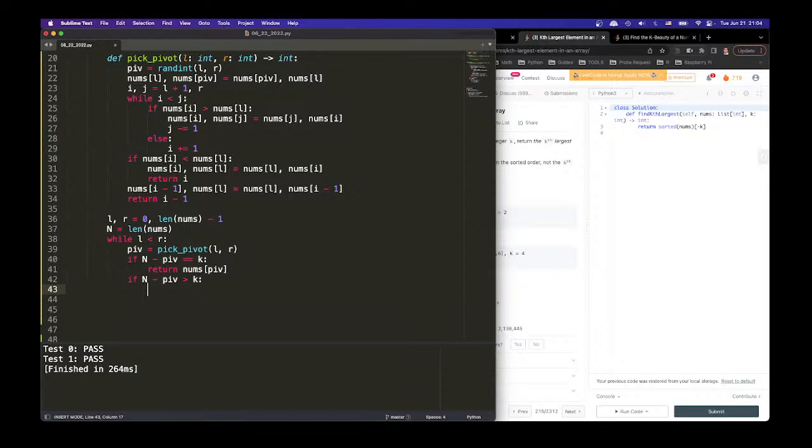We want the 2, but we got here, so too small, so we need something bigger. So we say L equals piv plus 1. Else R equals piv minus 1.